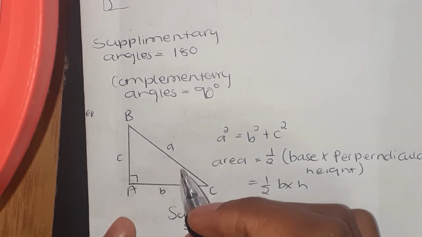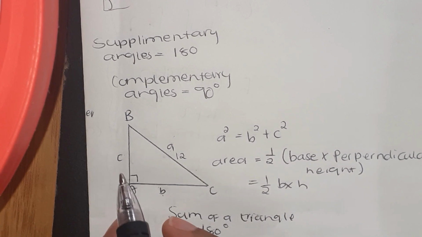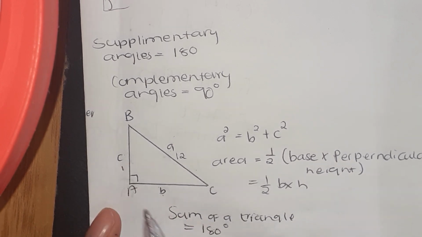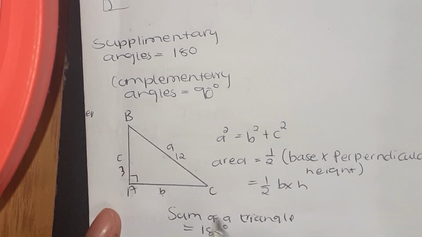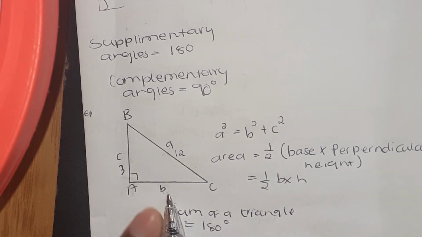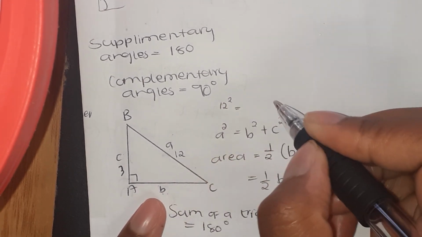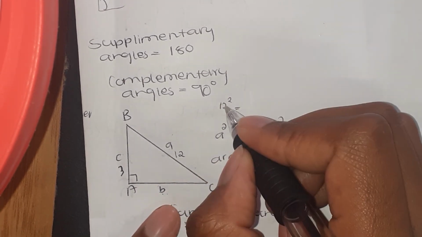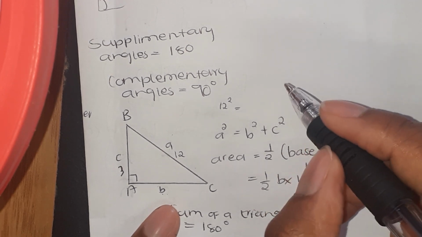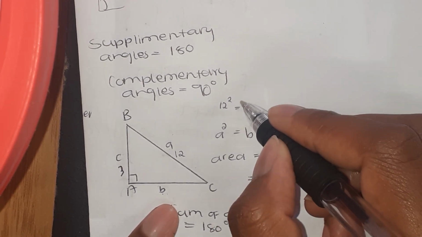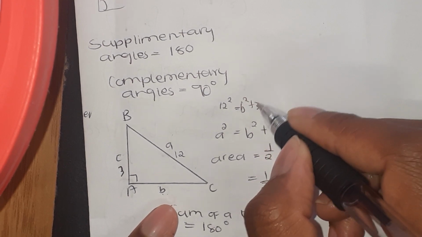So when you have this as 12 and this as 3, you can find B by just replacing it. 12 squared equals B squared plus 3 squared.